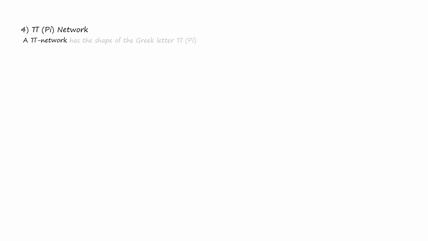A pi network is a resistor network that has the shape of the Greek letter pi. As we can see in this circuit, the arrangement of resistors looks like the pi symbol.